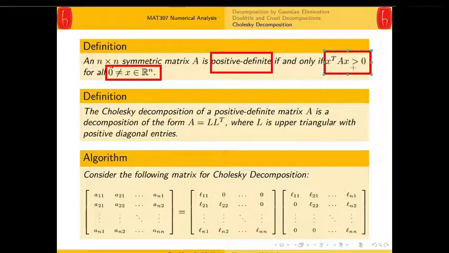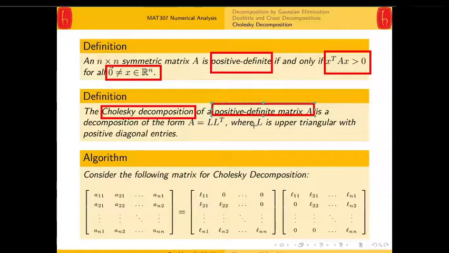So if the matrix A satisfies this condition and it is a symmetric matrix, then we say A is positive definite. Another definition: the Cholesky decomposition of a positive definite matrix A. The Cholesky decomposition is only for positive definite matrices. This is a remark to put here.